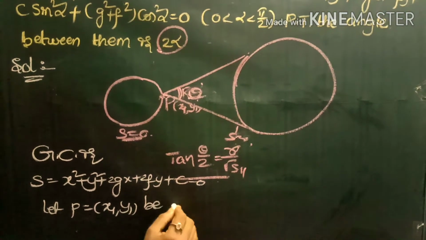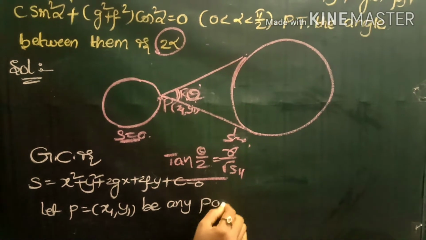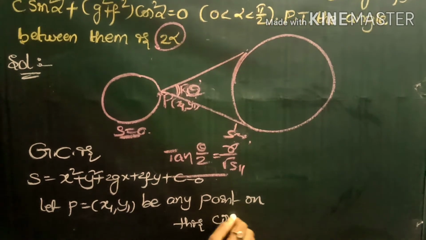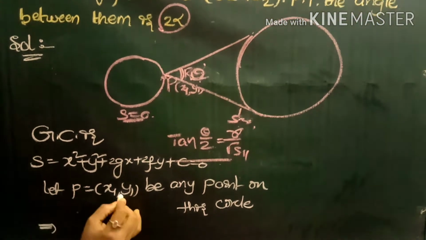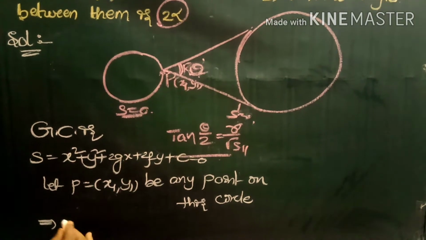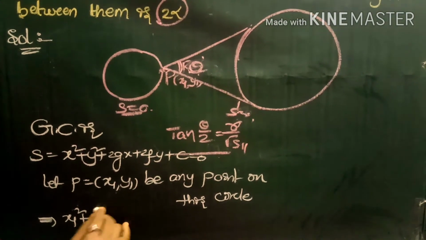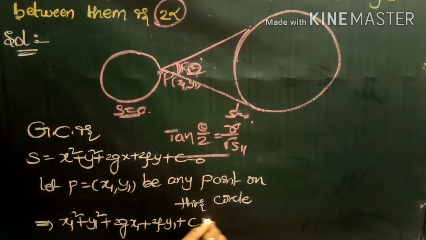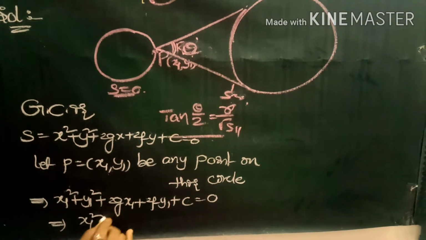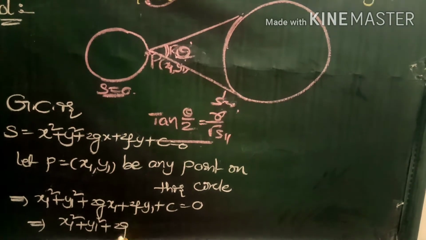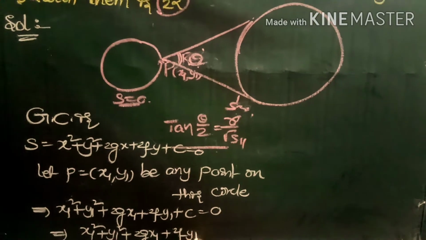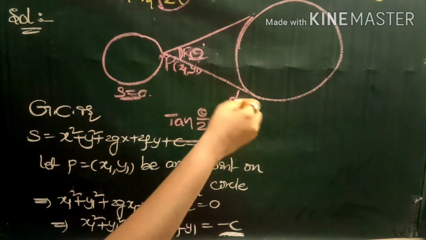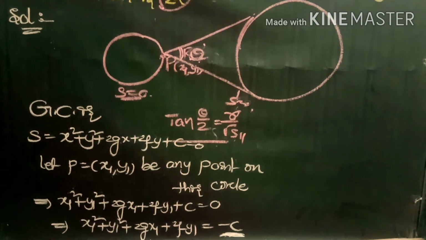Since this point is on the circle, it satisfies the equation, that is x1² + y1² + 2gx1 + 2fy1 + c = 0, which implies x1² + y1² + 2gx1 + 2fy1 = -c. Now we use this value -c in the formula r/√S11.